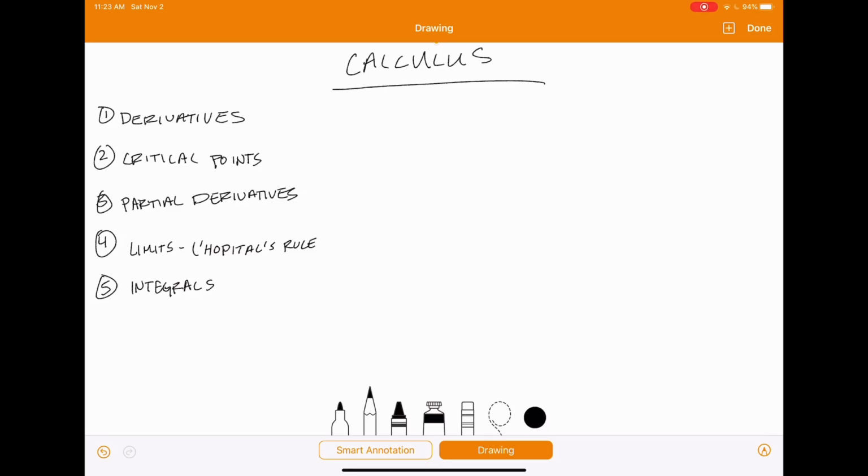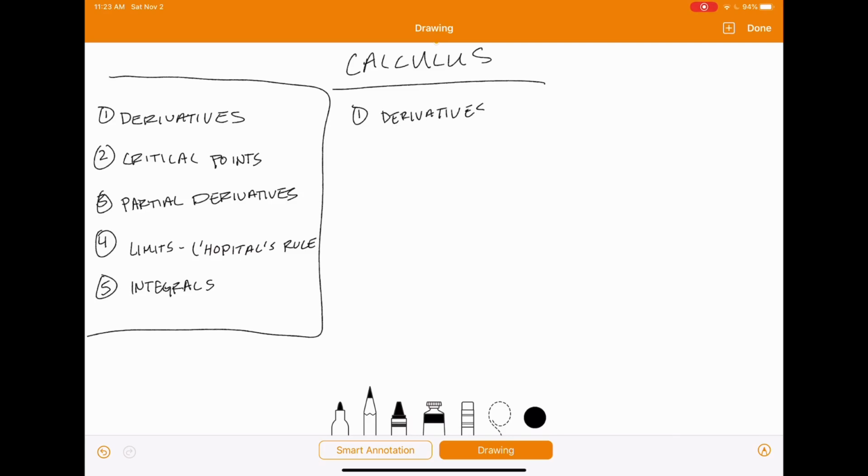All right, so let's go ahead and just dive right in. And let's talk a little bit about derivatives. When you find a derivative, the notation is going to be d over dx.